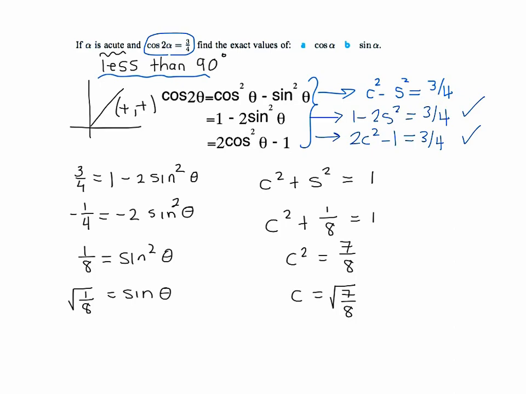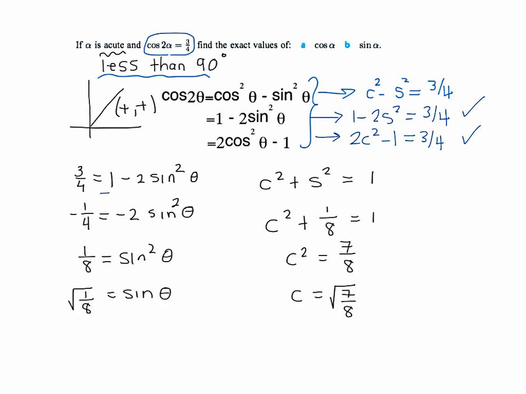If we used the second one, we would have 3 over 4 is equal to 1 minus 2 sine squared alpha. Here I just changed the order on left and right. In order to solve for sine of alpha, you want to subtract 1 on both sides.